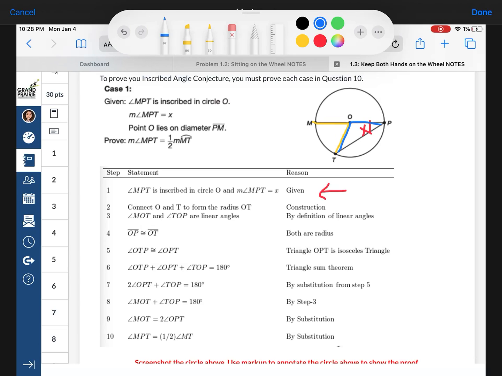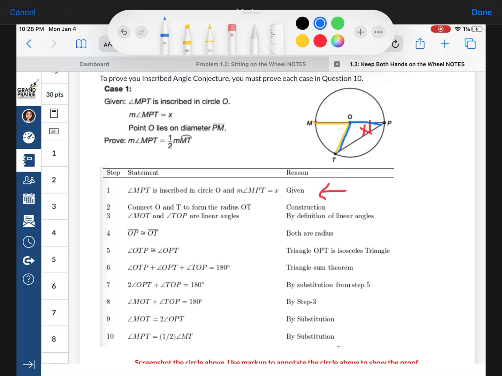Those two that you see highlighted, both yellow and blue, are linear pairs. And remember, what are linear pairs? We learned about that last semester. Linear pairs are angles that add up to 180, and they are angles that are right next to each other. They share a common side. So the reason we can say this is because they are next to each other and share a common side. That's by definition of the linear pair.